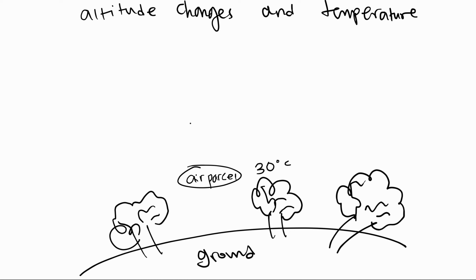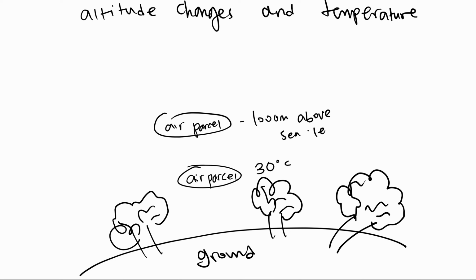So this is at sea level. 1,000 meters above sea level. Sea level is going to be around 20 degrees Celsius. This is normally where your mountains will be, 1,000 meters. Be a bit taller.